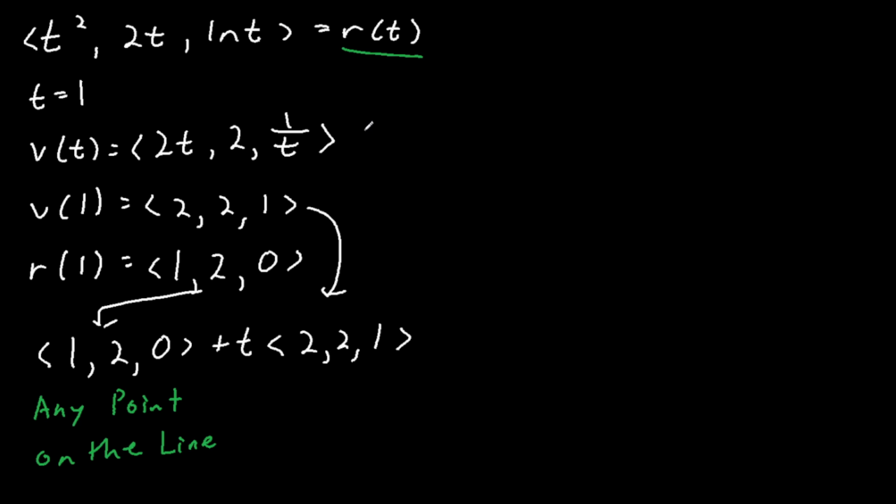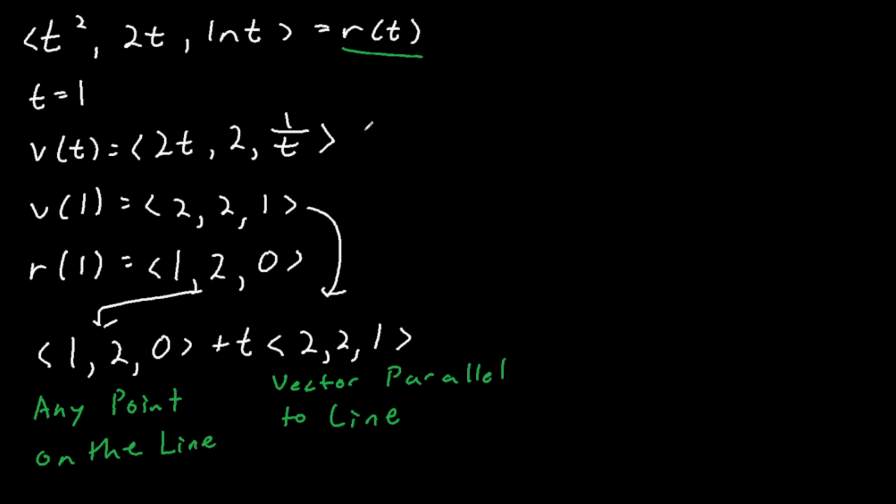Because remember, tangent lines intersect with whatever it's tangential to. And this one is the vector that is parallel to the line. And the vector that is parallel to this line is the velocity.